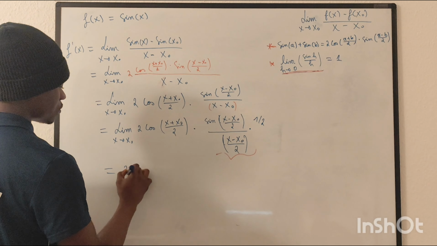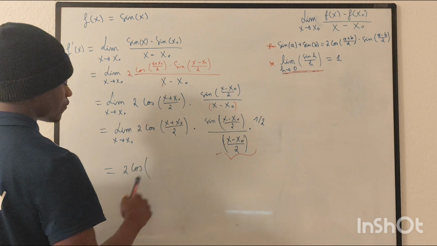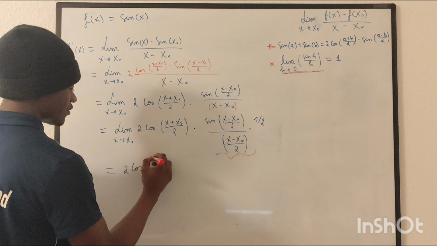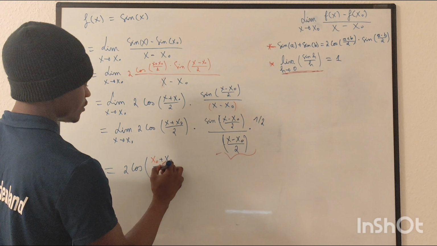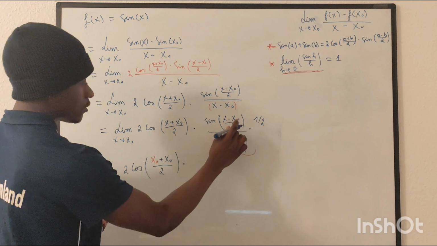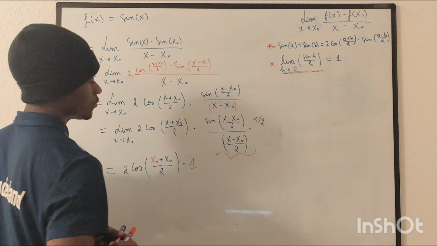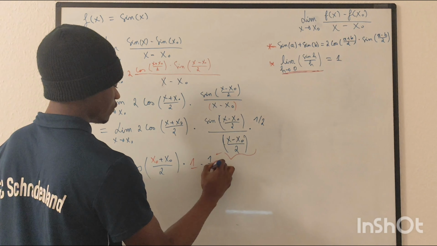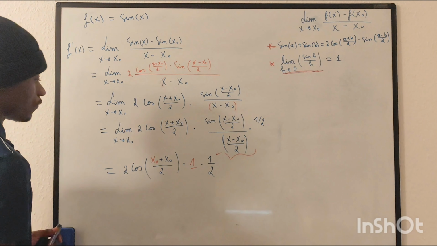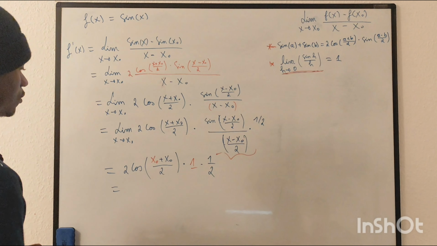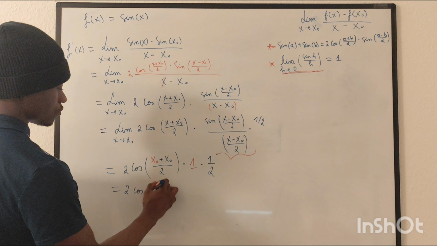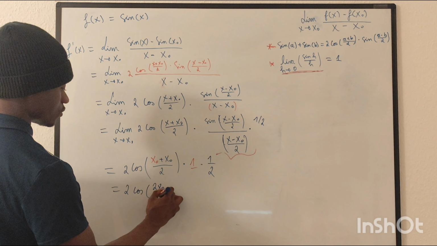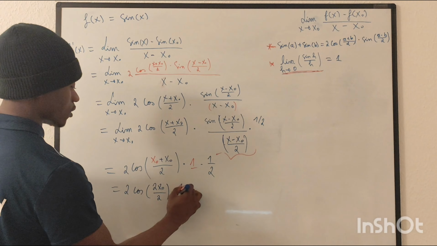It means we have 2 times the cosine of, I replace x with x0, (x0 plus x0) divided by 2 times 1 times 1/2. And then I go further by making the computation. 2 times the cosine of 2x0 over 2 times 1/2.